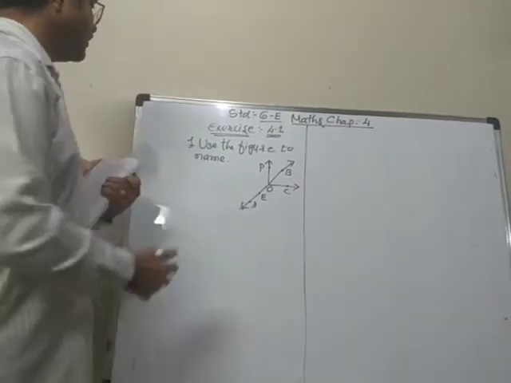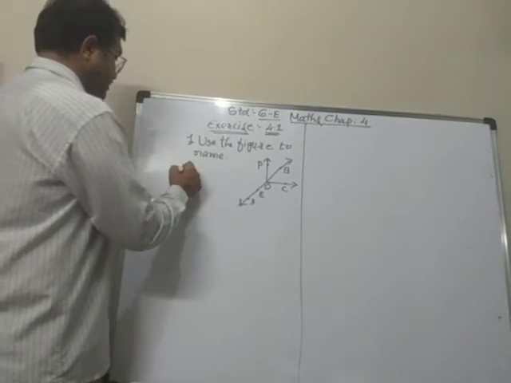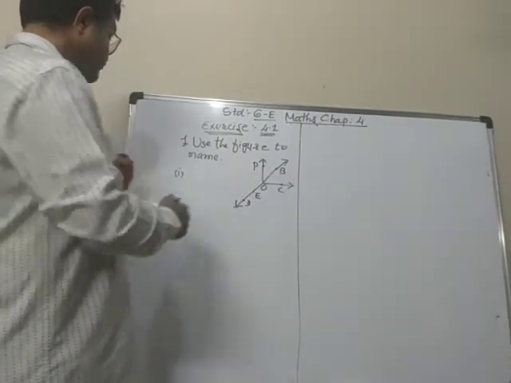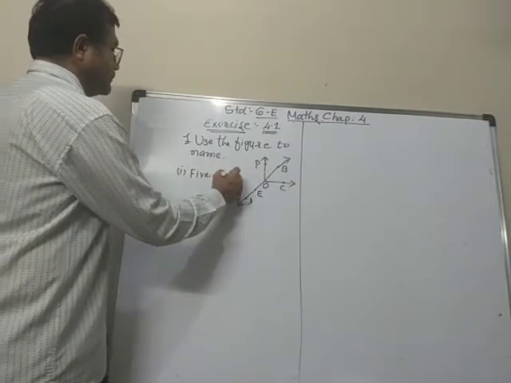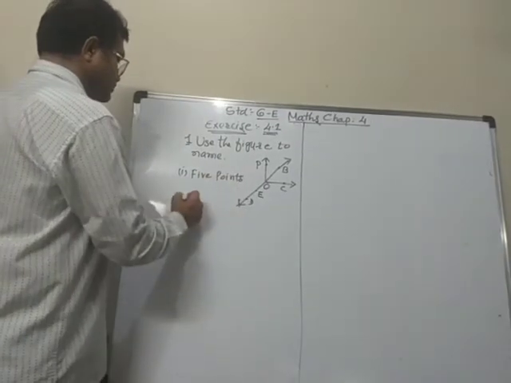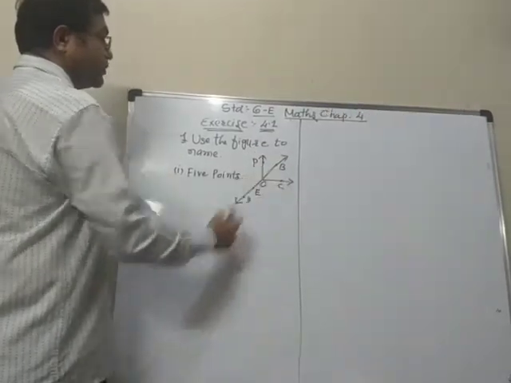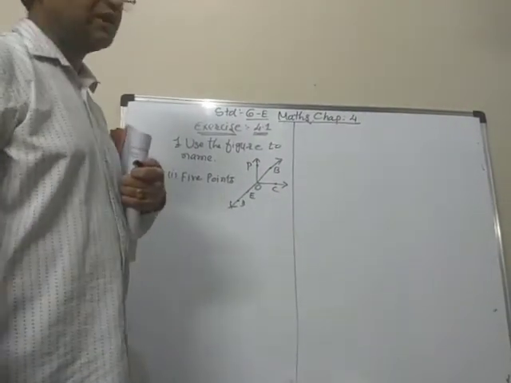Now what do we have to find out? The first one is 5 points. So we will write down 5 points from here. You can write down any points.